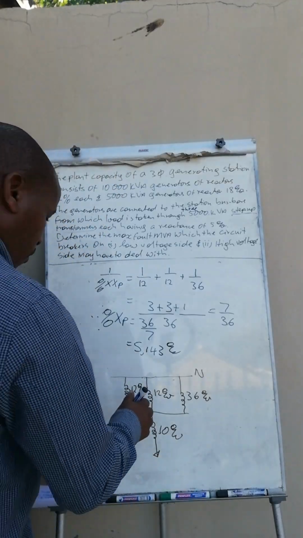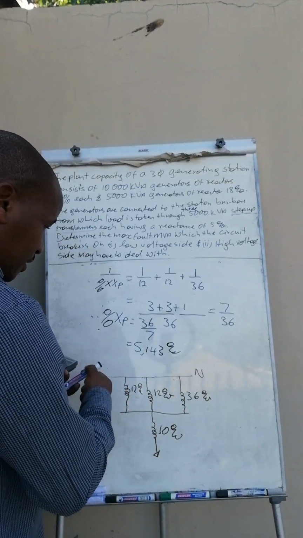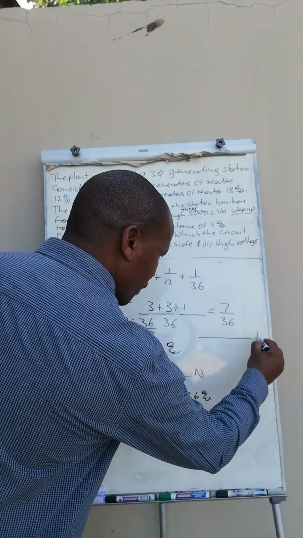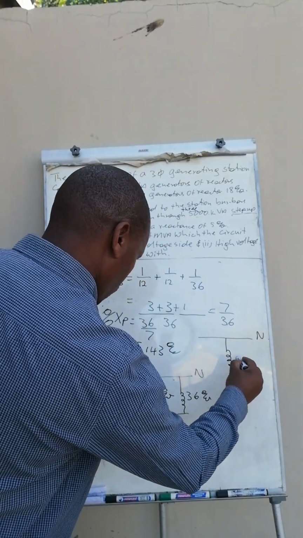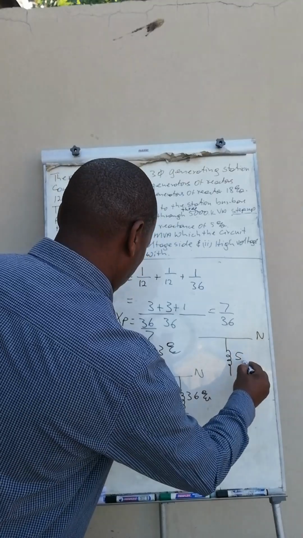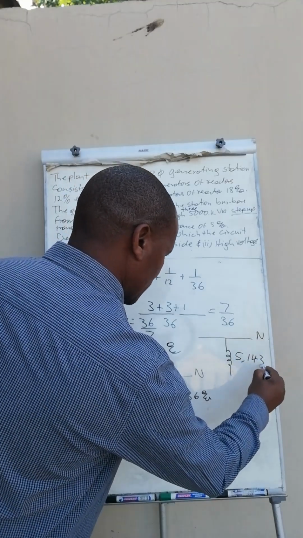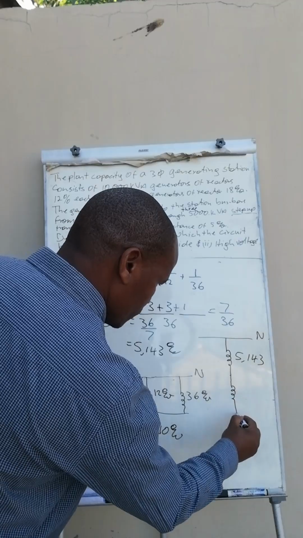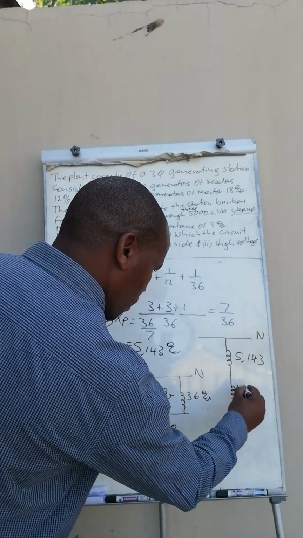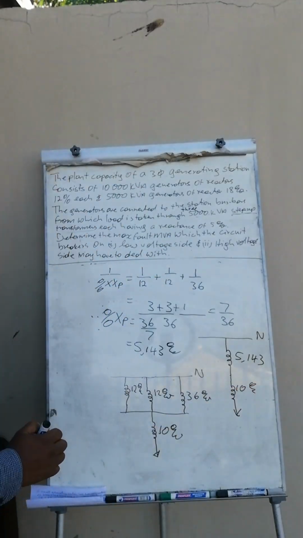Now we've got this. This is our neutral point. It is now this, which is 5.143, and then in series with this one, which is equal to 10%.